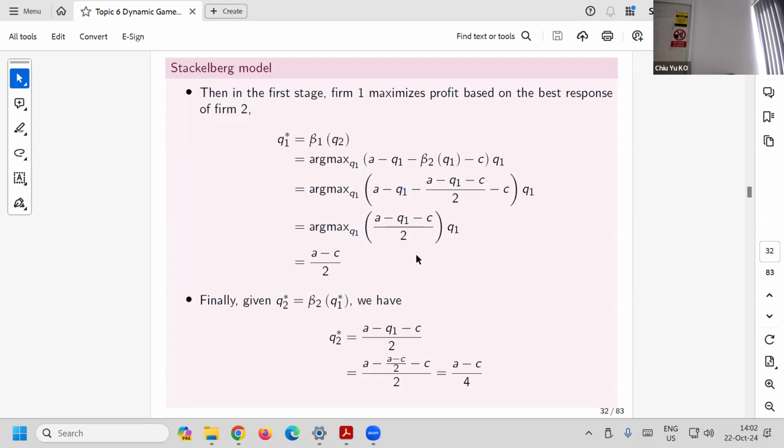The equilibrium strategy is just this function and this one. You have to remember equilibrium is to specify all possible strategies. Of course, the equilibrium outcome will be firm 1 chooses this, firm 2 does this. So you have to be very careful.